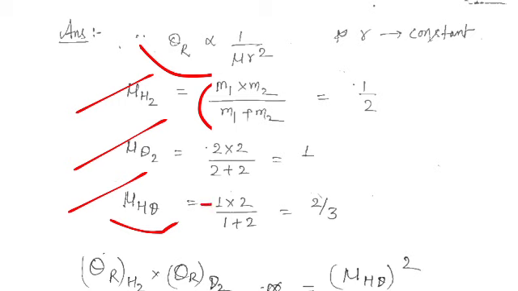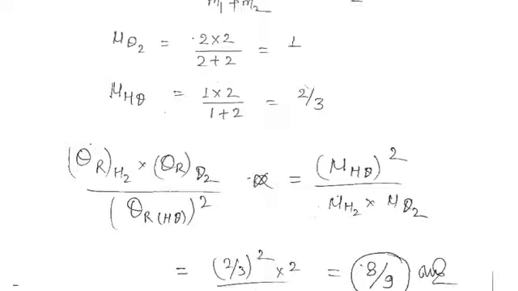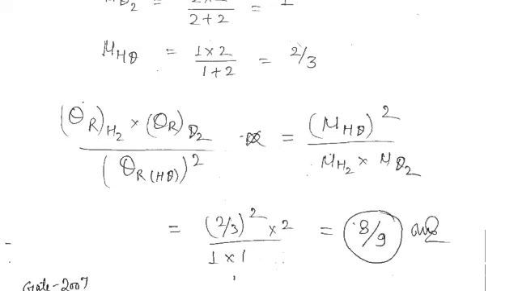The mass for hydrogen is 1 and the mass for deuterium is 2, and the same in the denominator. So we get the values as shown to you. Now we put in these values, the rest of the things cancel out, and we get the answer as 8 upon 9, which is option C.